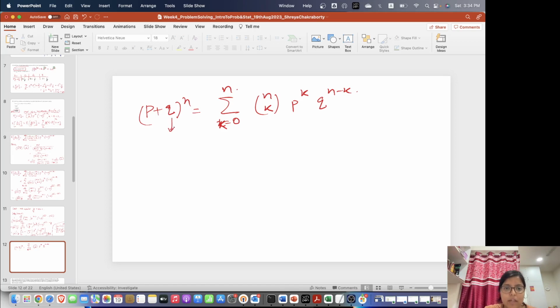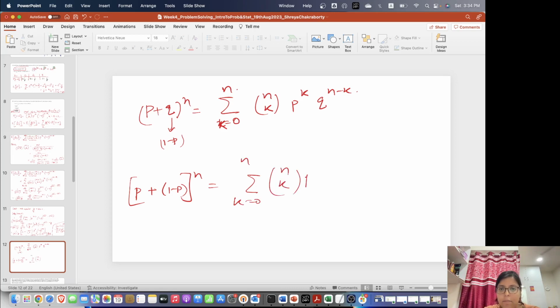Now instead of q here, we have 1 minus p. So if I have p plus 1 minus p to the power n, I can write it as summation k equal to 0 to n, n ck, p to the power k, 1 minus p to the power n minus k. This one we can write.